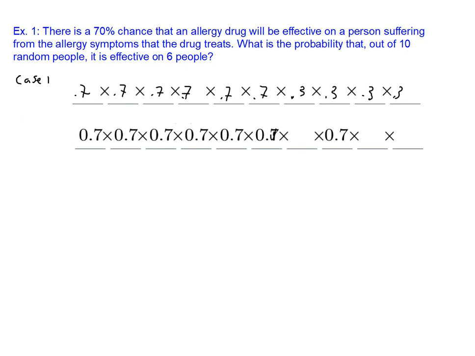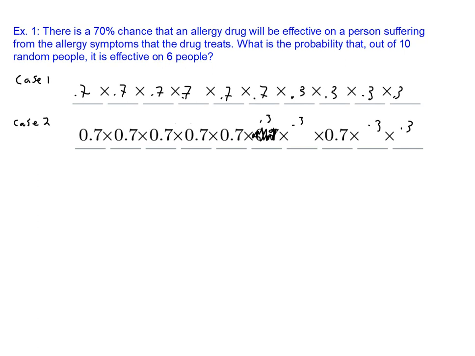So let's add one more blank in here. So case 2 might be this case right here, where most of the successes come at the beginning. 1, 2, 3, 4, 5 of them come at the beginning, and one comes a little bit further on. Again, there's a 0.3 chance of failure for these failures, so we can put a 0.3 in there.